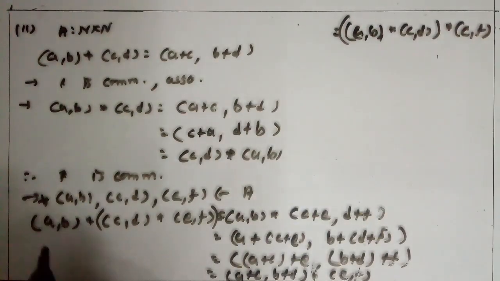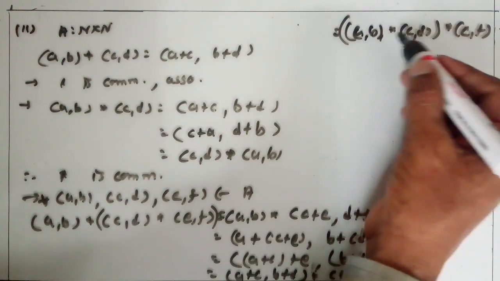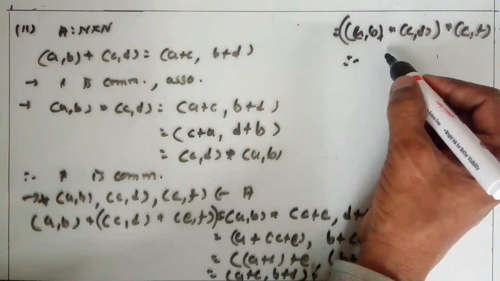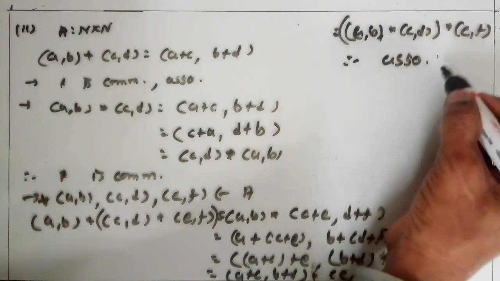So we see that ((A, B) star (C, D)) star (E, F) is equal to (A, B) star ((C, D) star (E, F)). Therefore, this star operation is associative.